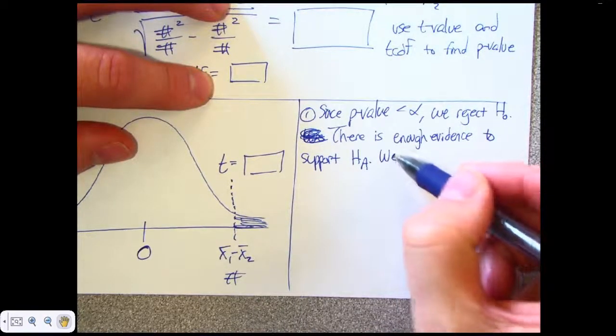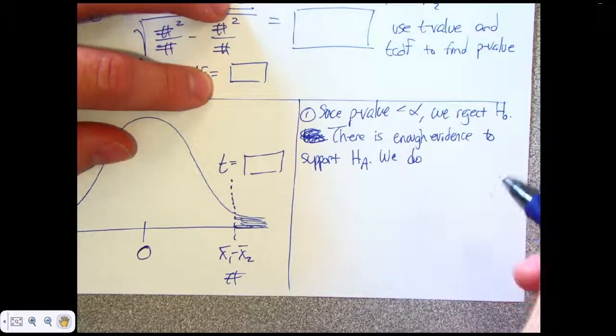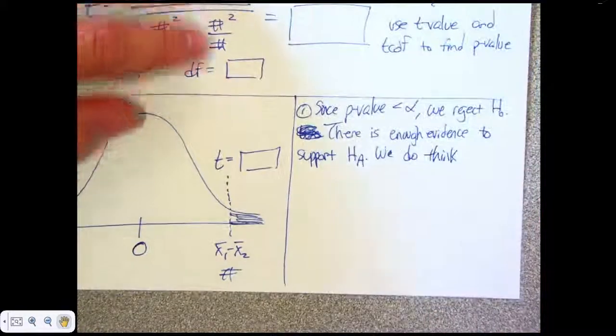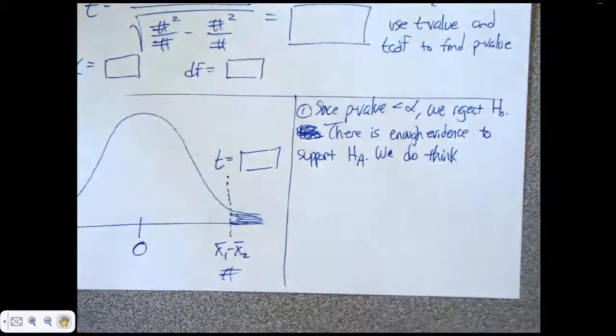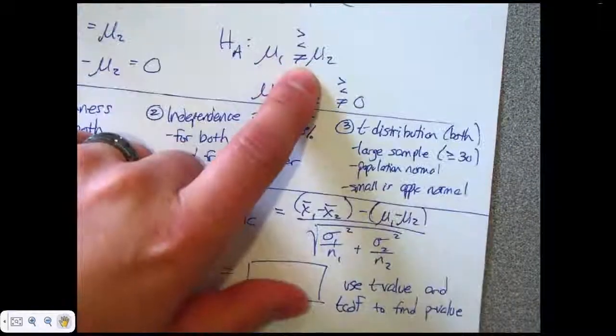And then we do think or do not think HA is true. We do think. So you're either going to say I do think HA is true or I do not. But you don't write HA, you write the actual greater than or less than statement.